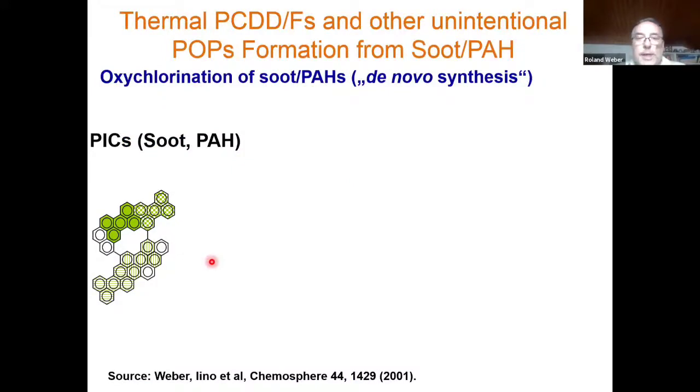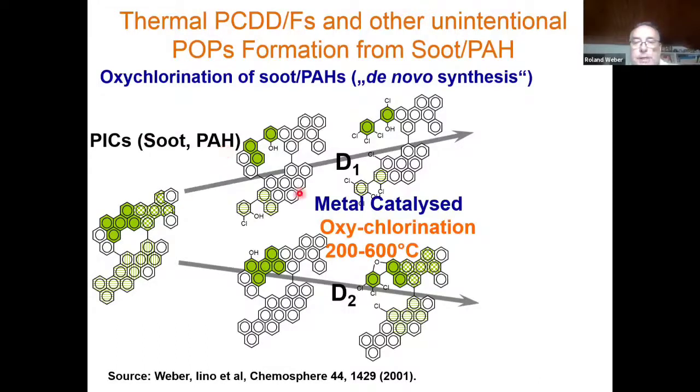I said only one slide about formation because we do not have much time, but just for you, for the background: in all incineration, we have the formation of aromatic compounds, the soot, and PAHs. And then we have ashes which contain chlorine and metals. And here we get oxychlorination at temperatures between 200 and 600 degrees.